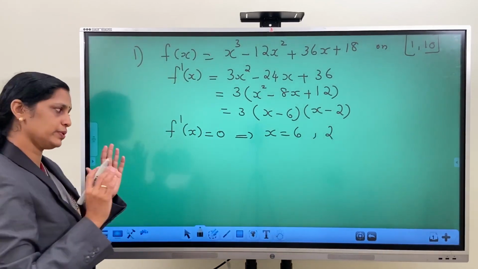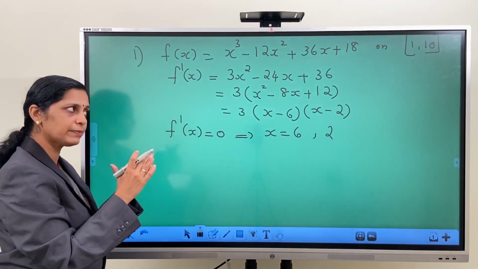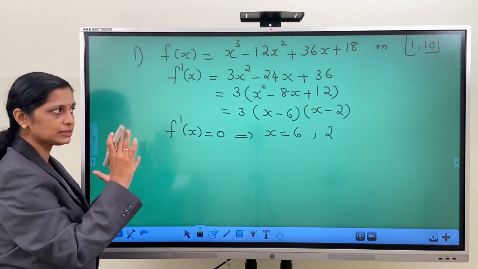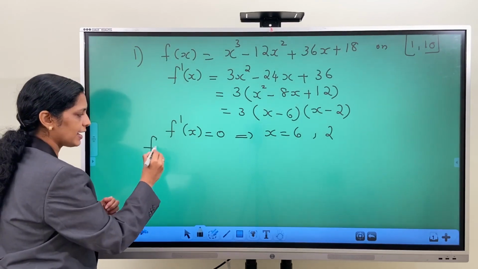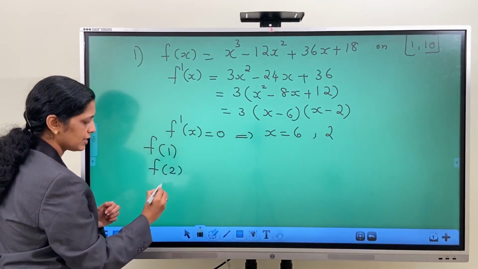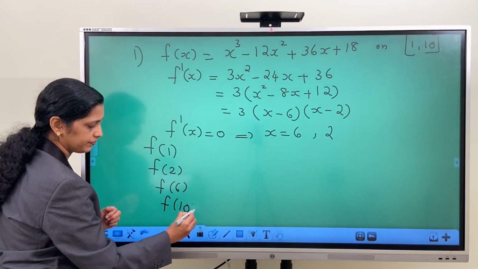Then what you have to do is just find the value of the function at these critical points and at the endpoints of the interval. And we know that the interval is closed 1, 10. Therefore, you need to find f of 1, f of 2, f of 6 and f of 10.